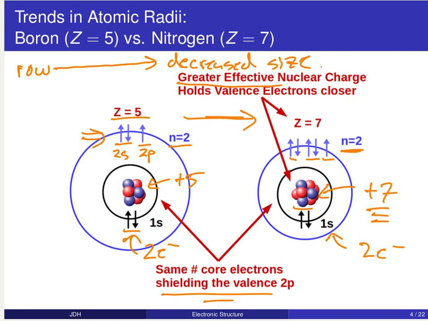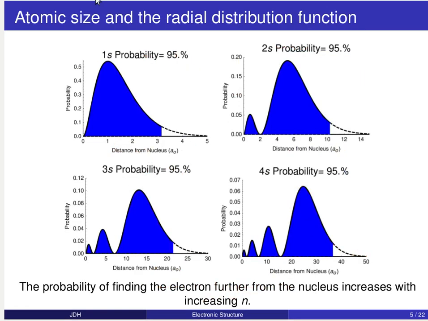Now, if you move down the periodic table, we already explored this in the previous lecture when we looked at the radial distribution functions in our CDF interface.